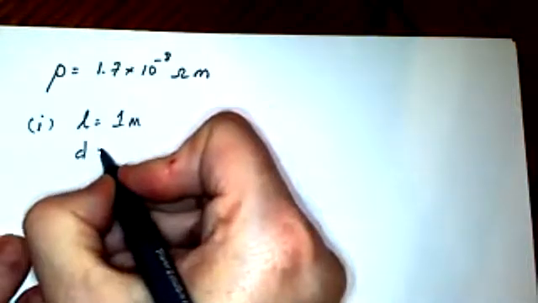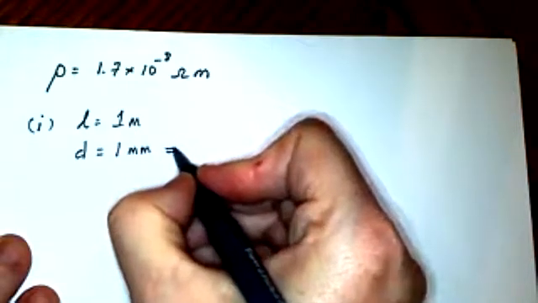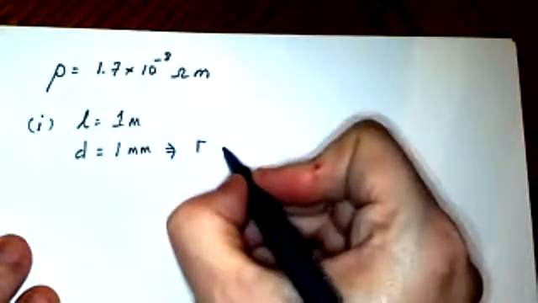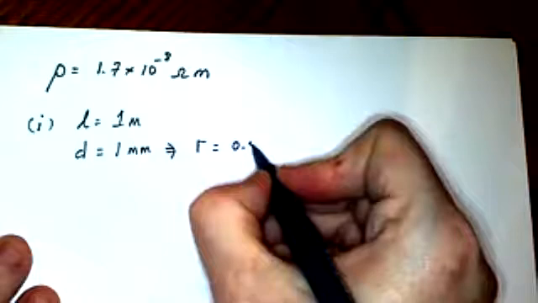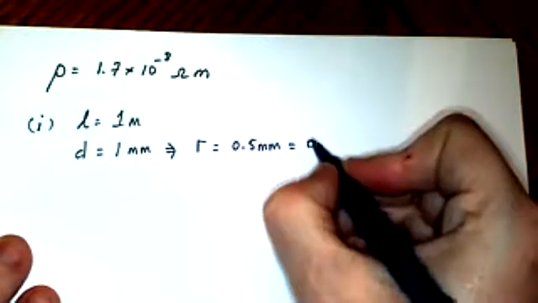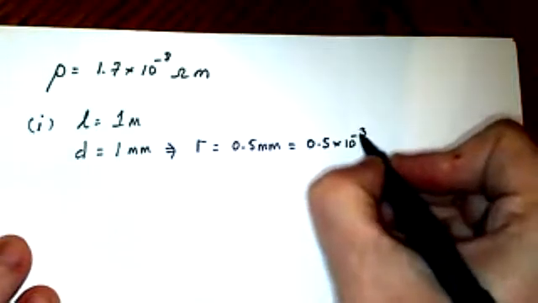So we know that L is now 1 meter. It also gives me the diameter, which is 1 millimeter. So we can change that to the radius, which is going to be 0.5 millimeters, but we can't use millimeters, so I'm going to change that to meters.